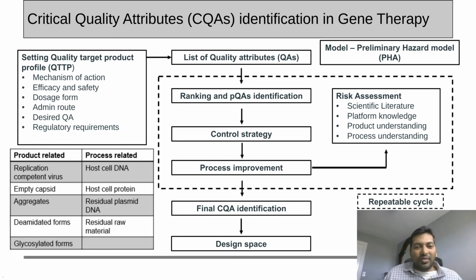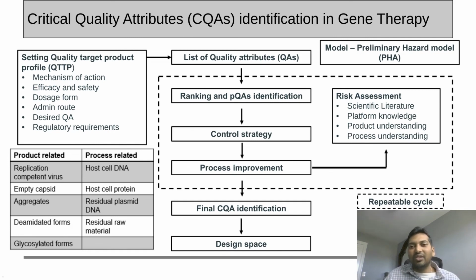So again, it's the same schema, with the product and process related quality attributes. The next step is taking each of these attributes and calculating your severity score and likelihood score, and then you come up with the criticality score.